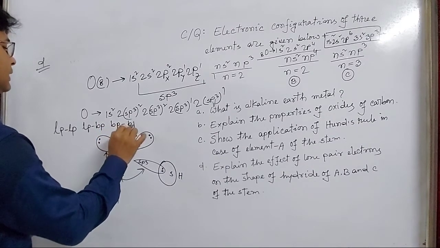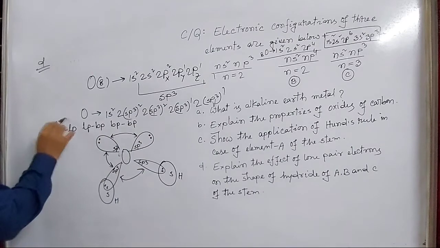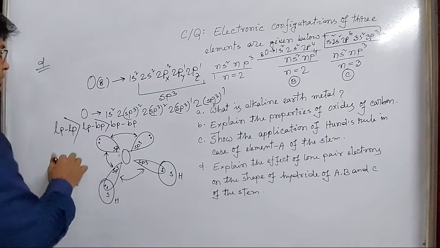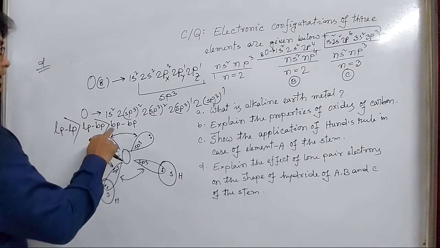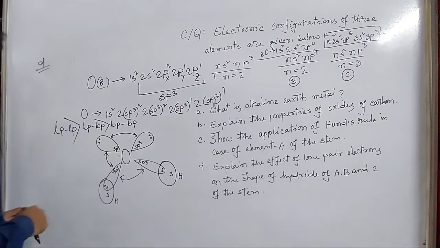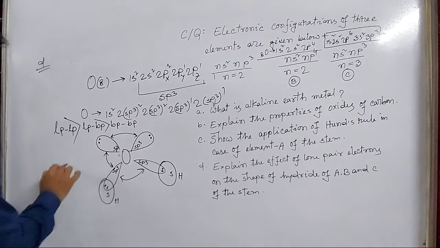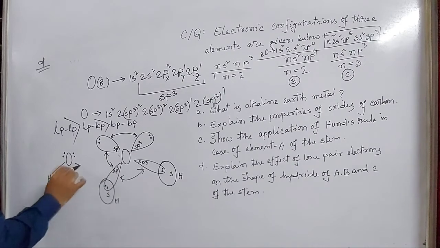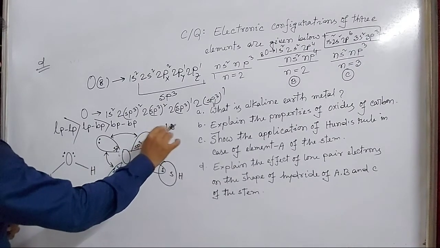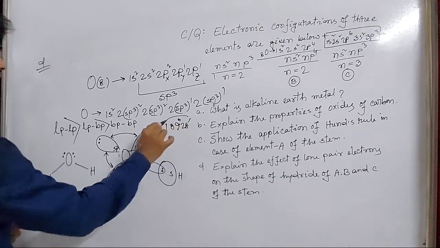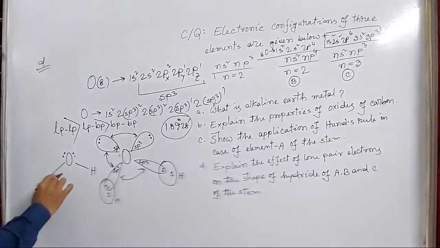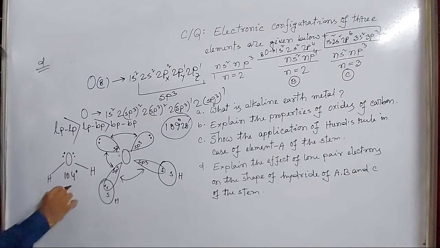Dear students, in this case lone pair lone pair repulsion is greater than lone pair bond pair repulsion, and lone pair bond pair repulsion is greater than bond pair repulsion. As a result, though the bond angle should be 109 degree 28 minute, due to this phenomenon the bond angle is decreased and it becomes 104 degree and the molecular shape is bent.